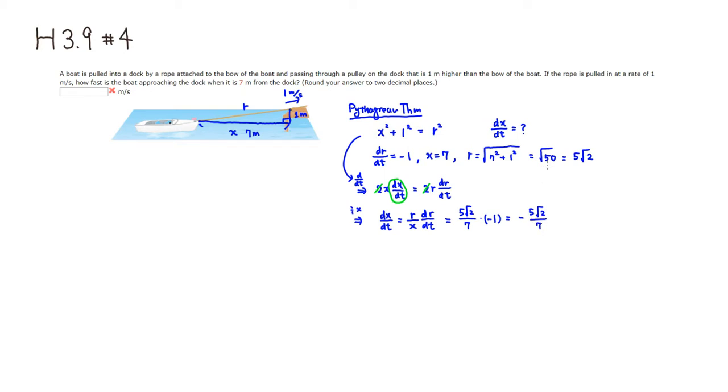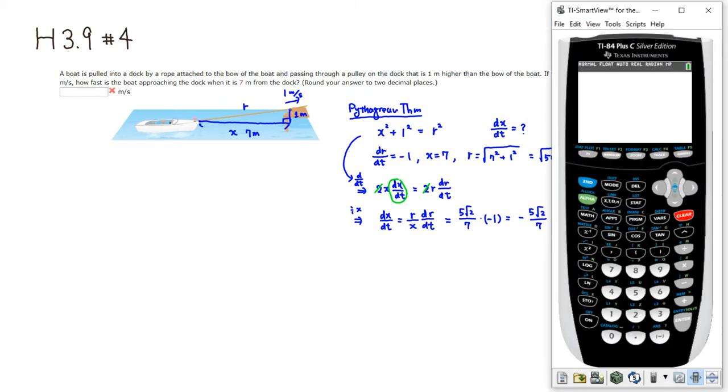All right, so let's compute that value. I'm going to bring out a calculator. It's going to be -5 times the square root of 2, divided by 7.